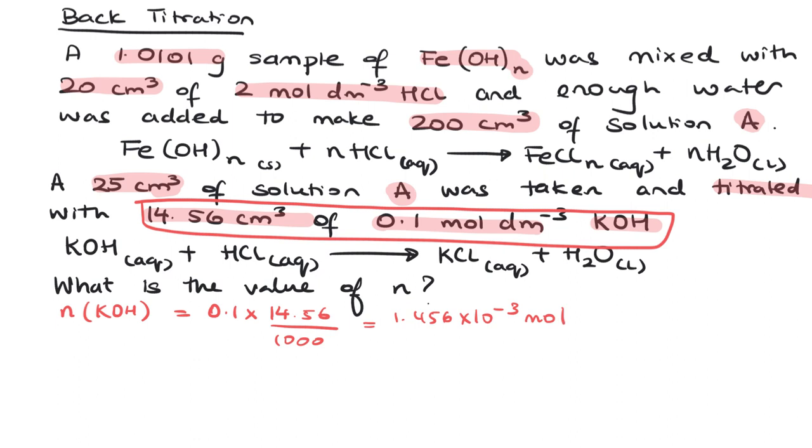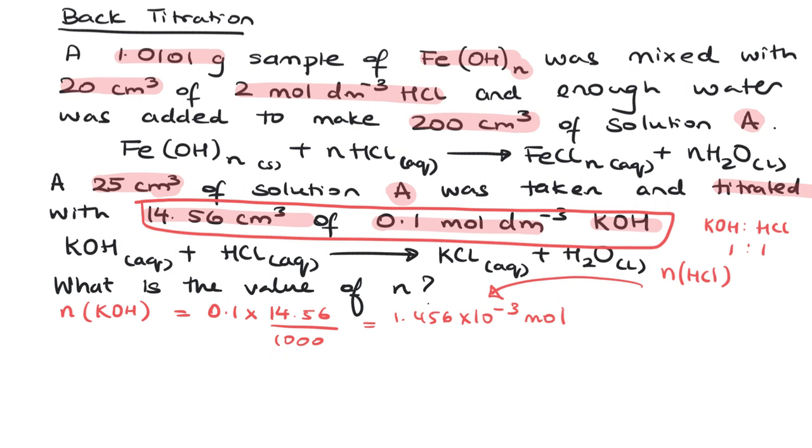When you're reacting KOH and HCl, they are in the ratio of 1 to 1. So the number of HCl moles reacting with KOH is exactly the same.